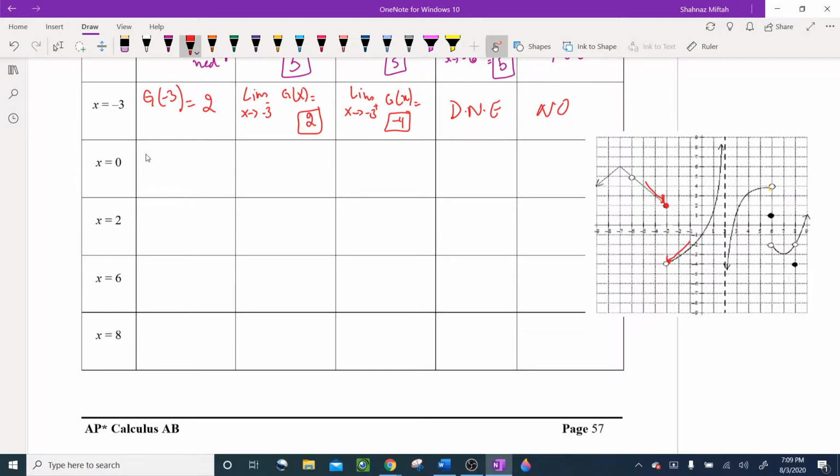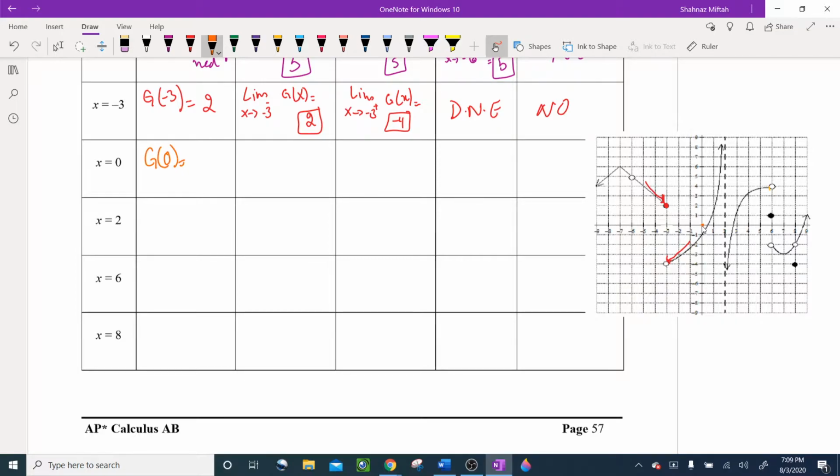Okay, then we can do g of 0. What is g of 0? So here is the 0. I wanted to use different colors. So g of 0 equals... here is the 0 right there.